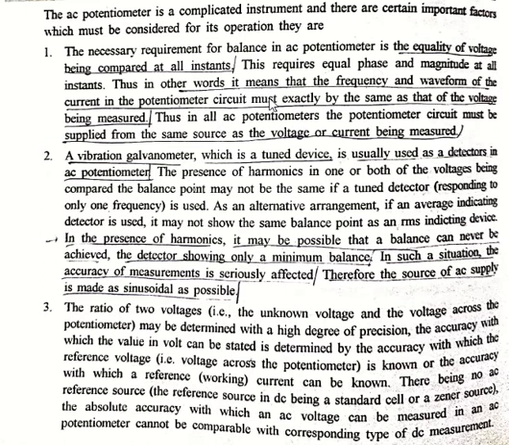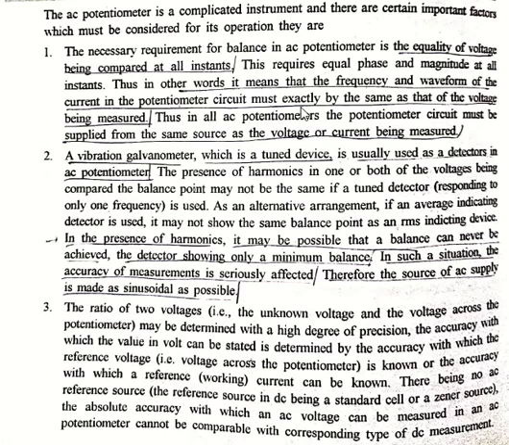In other words, the frequency and the waveform of the current in the potentiometer circuit must exactly be the same as that of the voltage that we are measuring, that is, the unknown voltage. So all AC potentiometer circuits must be supplied from the same source, and to stabilize the source, we need a constant current.